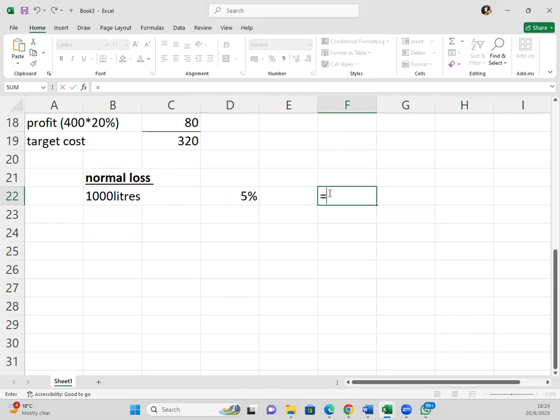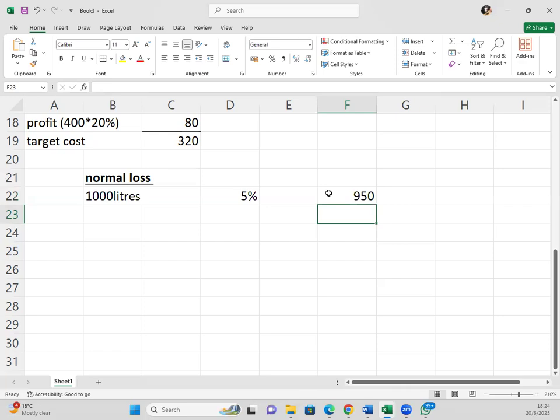We'll lose 5% as normal loss, so the output should be 1,000 times 95%. Originally, if there is no loss, it's 100%. But if we lose 5%, our output is now 95%.